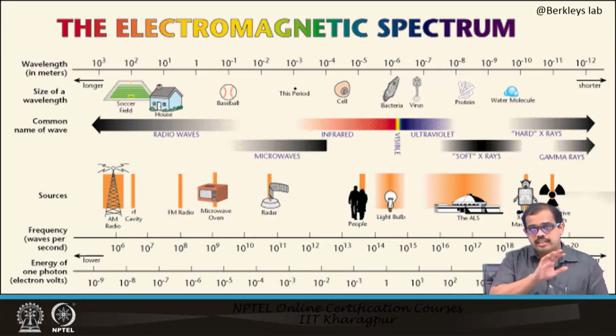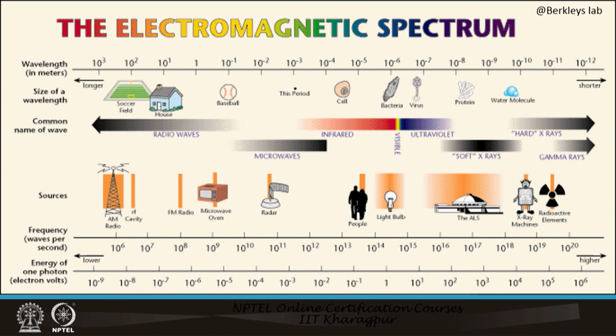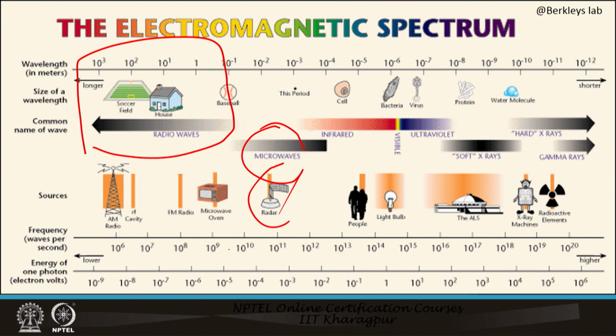When you look at the entire electromagnetic spectrum, that is what I was trying to explain. The radio waves are in this region. Then you have a certain part of the microwaves where radars actually work. Then you have a certain part of energy which is the visible energy, 0.4 micrometer to 0.75 micrometer.